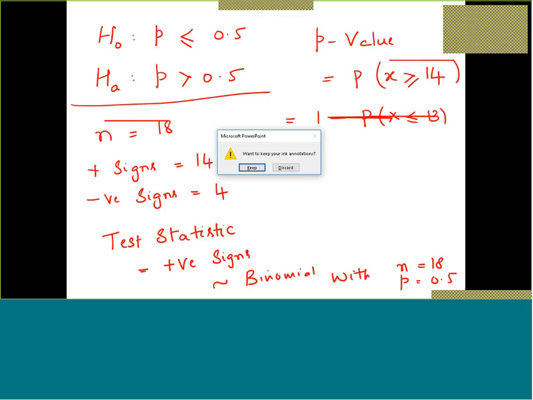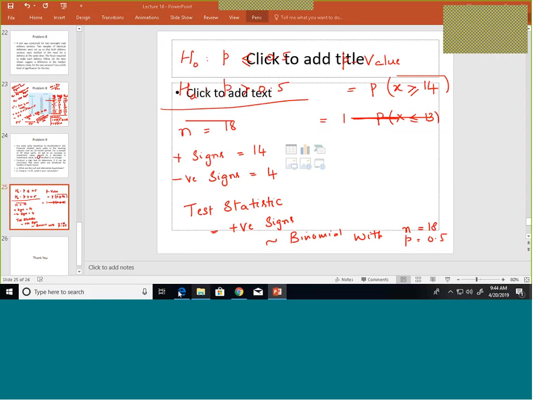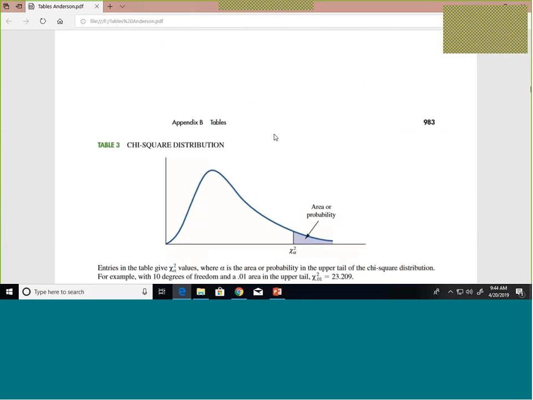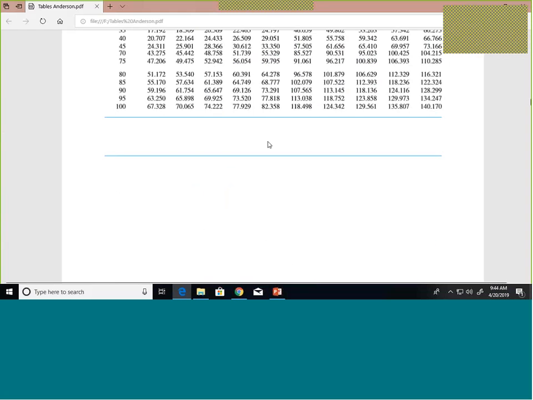Because under null hypothesis, small p is 0.5. That's the concept of sign test, right? What do you mean by sign test? Sign test means H0 and HA are defined in such a way in terms of small p. So let us see the binomial. 18 is n and p is 0.5.